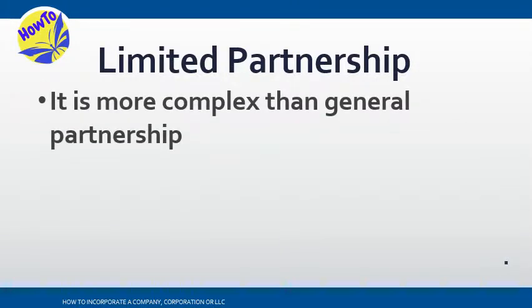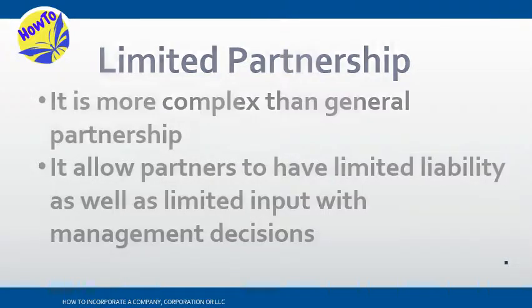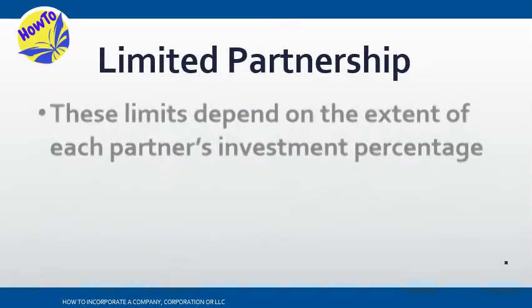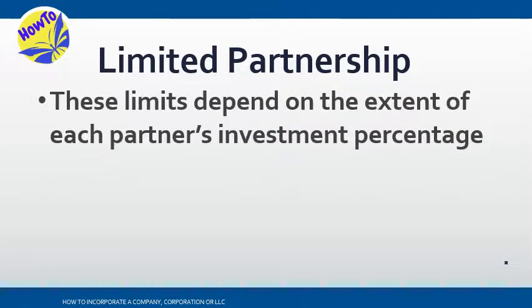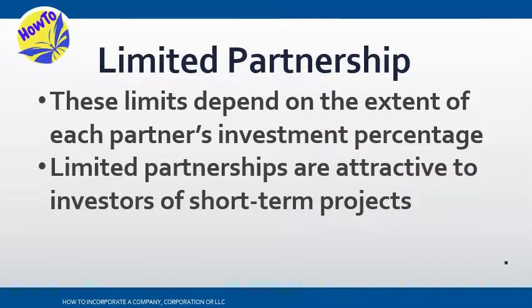A limited partnership is more complex than a general partnership. It allows partners to have limited liability as well as limited input with management decisions. These limits depend on the extent of each partner's investment percentage. Limited partnerships are attractive to investors of short-term projects.